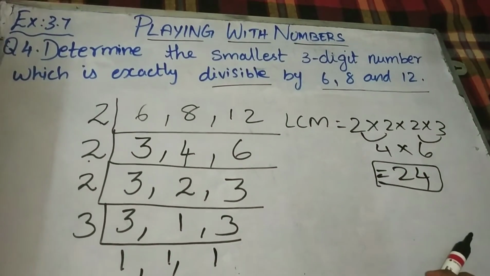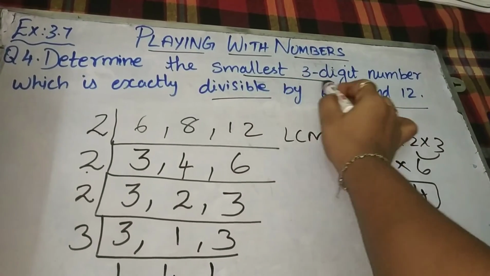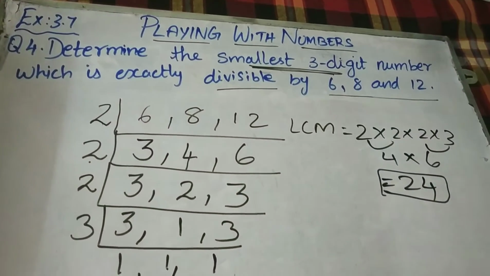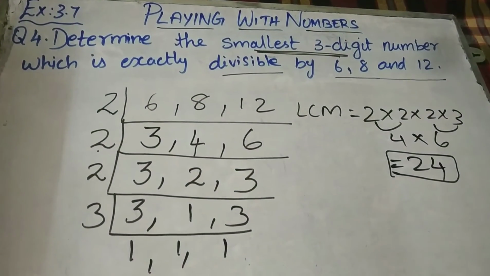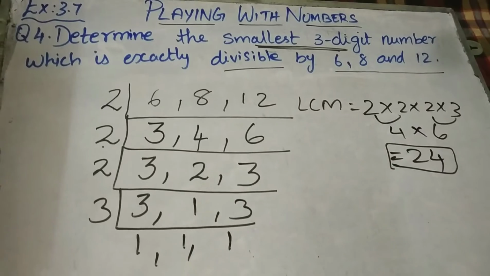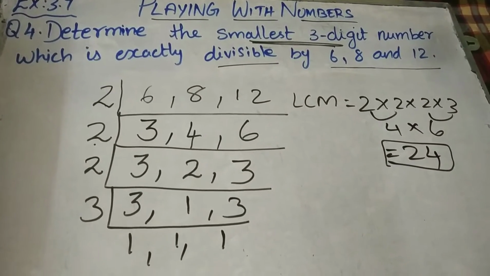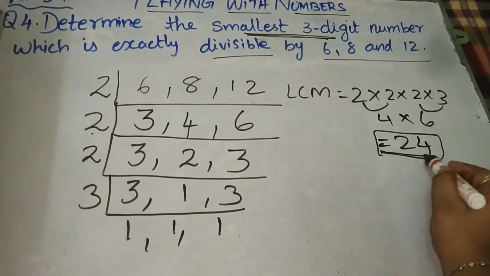But in the question what they have asked is the smallest 3-digit number. So the smallest 3-digit number we have to find. Here you have two methods in this question. First let me teach you the first method. Now I got 24 here.